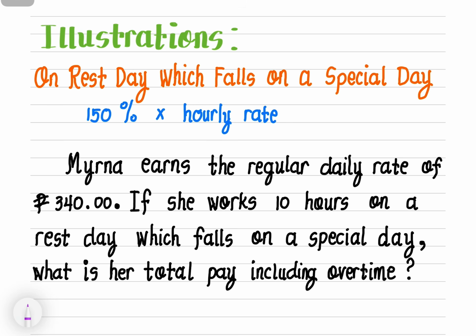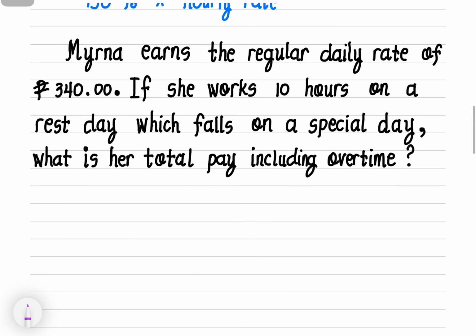Okay? So, dito class, ang step 1 natin ay determine natin yung hourly rate. Step 1. So guys, ipakita natin step by step process para hindi tayo malito. Determine the hourly rate.